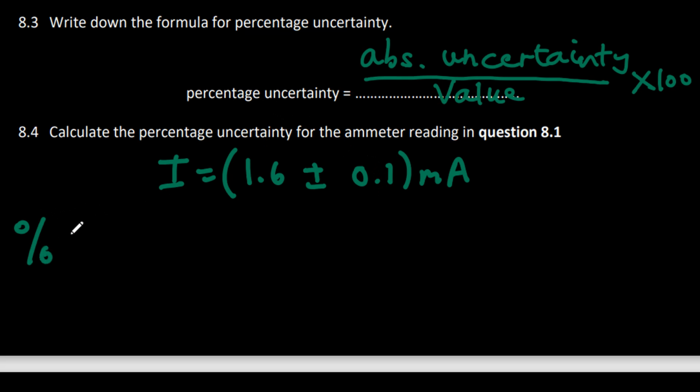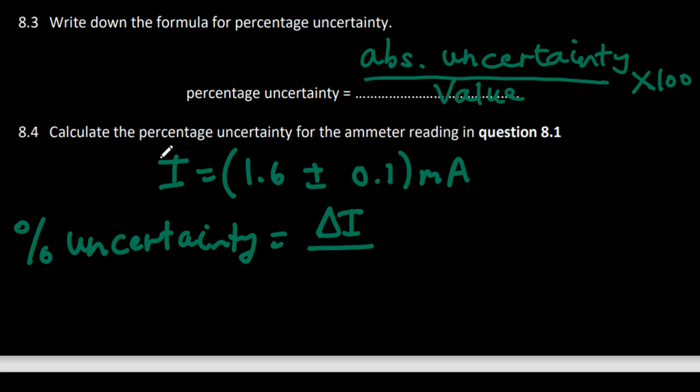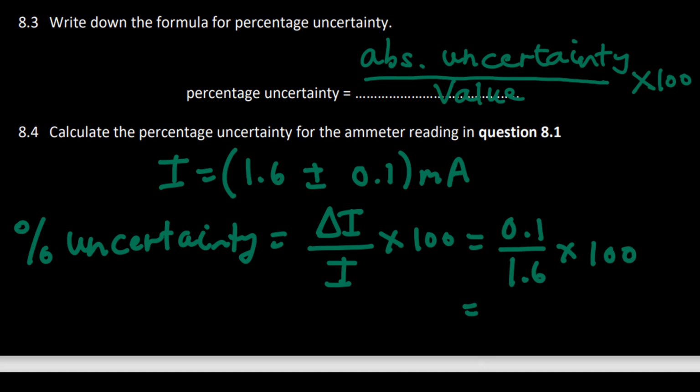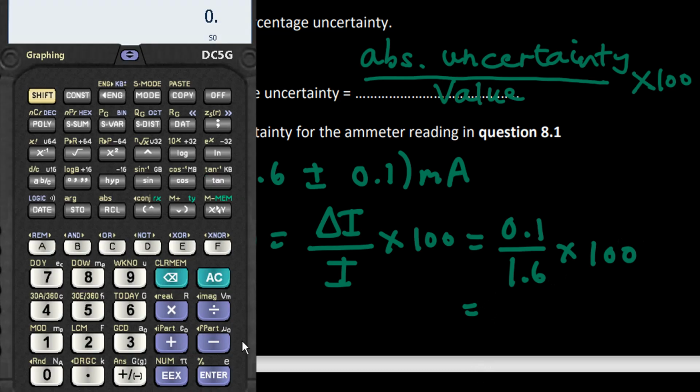So percentage uncertainty will be the absolute uncertainty, which we can write as delta I for current, over the measured value, which is I, and we multiply this by 100. So it's going to be 0.1 for delta I over 1.6 multiplied by 100. And we can do this on a calculator.